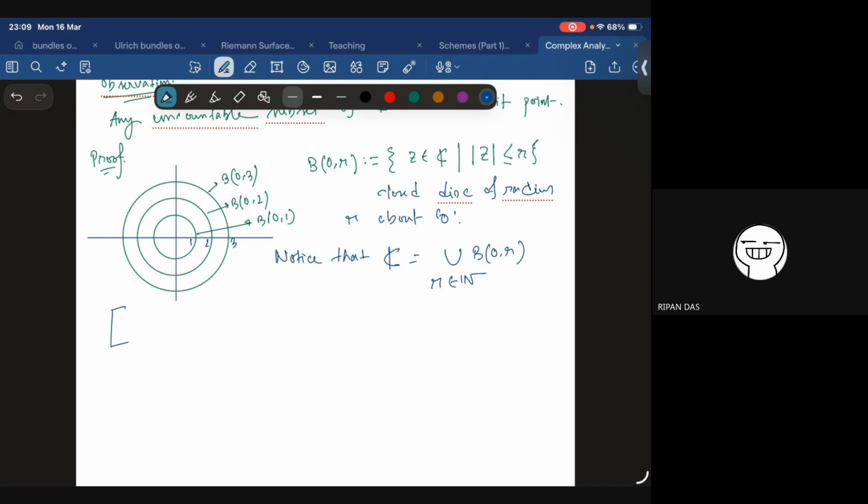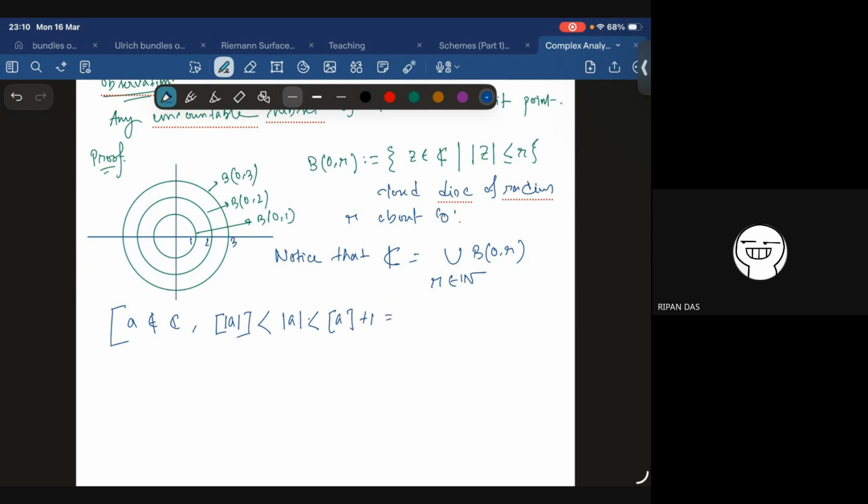I will write a one line proof. Take a belongs to C. Take mod a, and take this inequality: floor of mod a is less than or equal to mod a, which is less than floor of mod a plus 1.